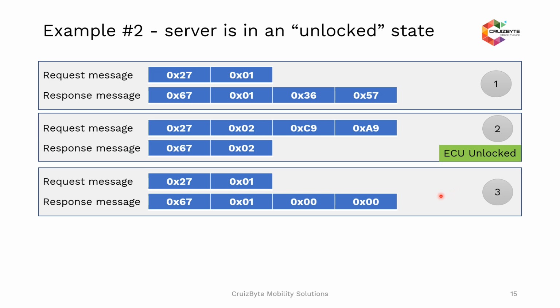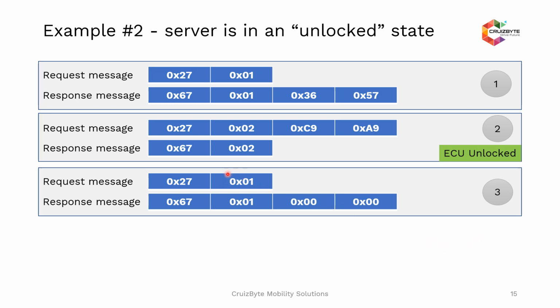For some reason, if the diagnostic tester again sends a request at the same security level, I said the 01 level, for requesting a seed, then the response could be 67 01 followed by 00 from the diagnostic server, that is the ECU, telling that the ECU has already been unlocked and you can start performing the required operation.